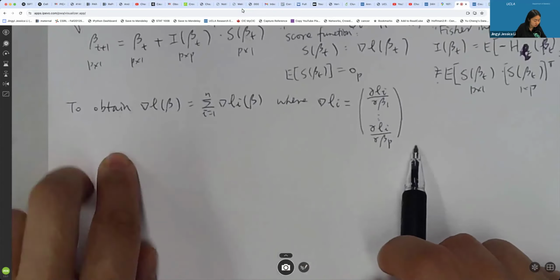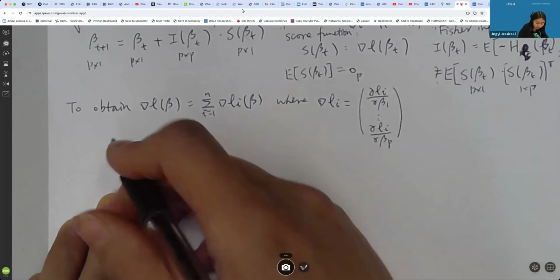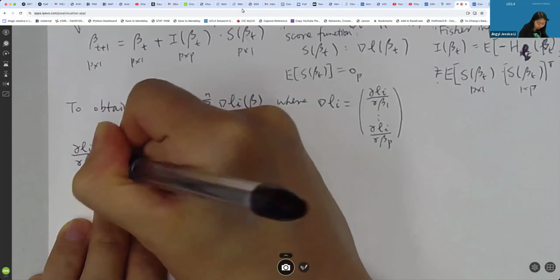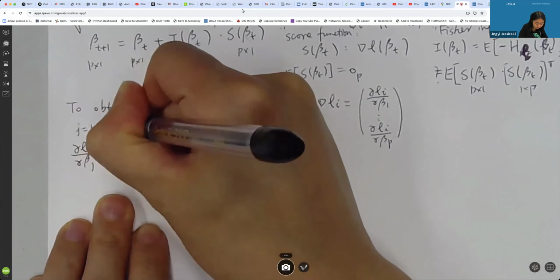So how do we do this calculation? We need the partial Li partial beta j, where j is one of 1 to p.